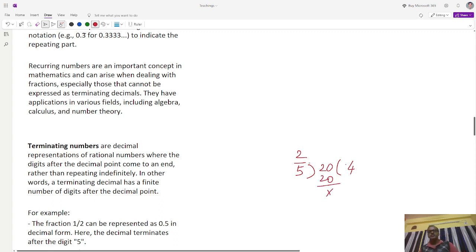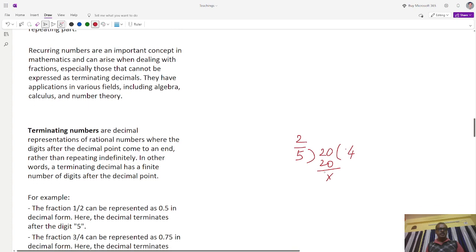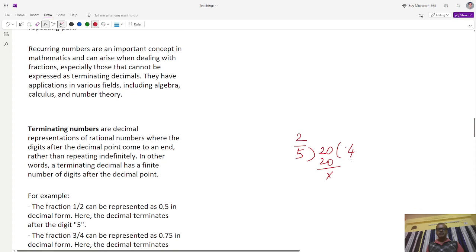So this division ended at 4. So it is a terminating number. In other words, a terminating decimal has a finite number of digits after the decimal point. After the decimal, there is only one digit.